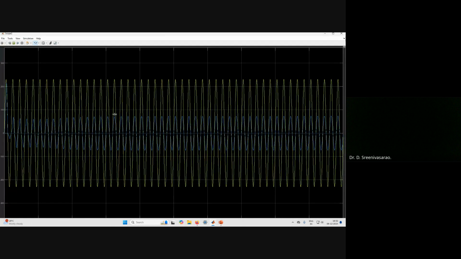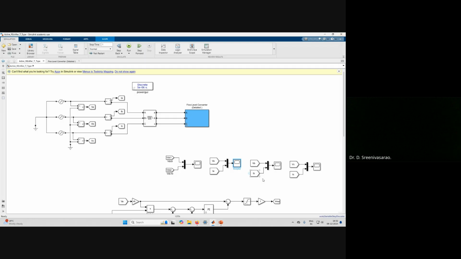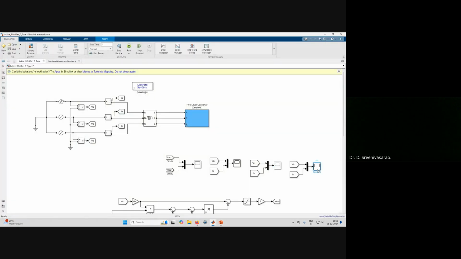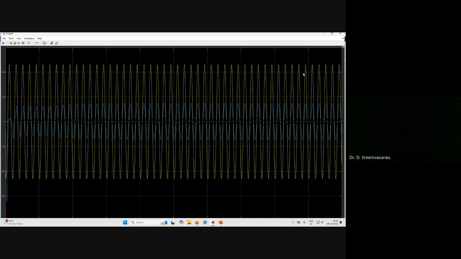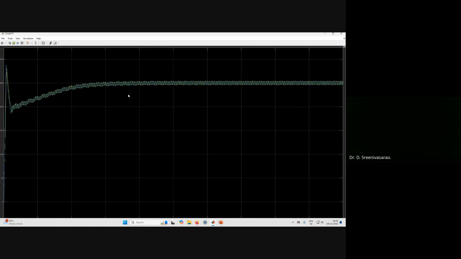Both voltages and currents are in phase in all phases. This is B phase and this is C phase. You can see these two capacitor voltages. The sum is supposed to be 500 and the difference is supposed to be 250.